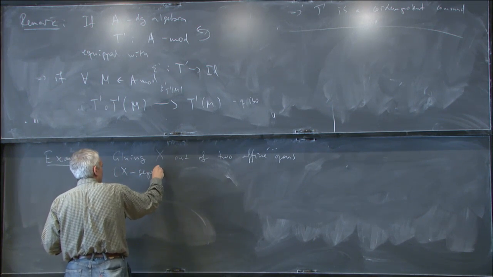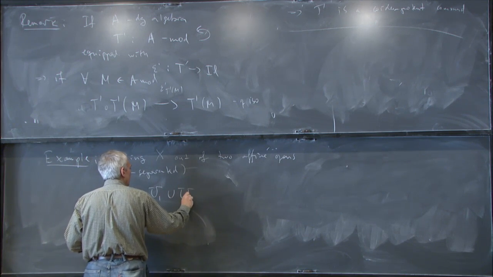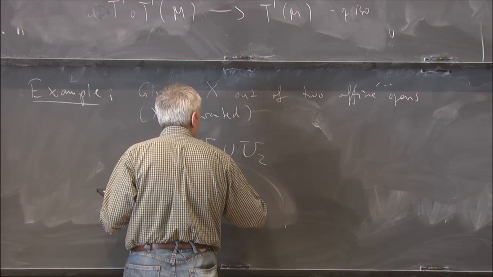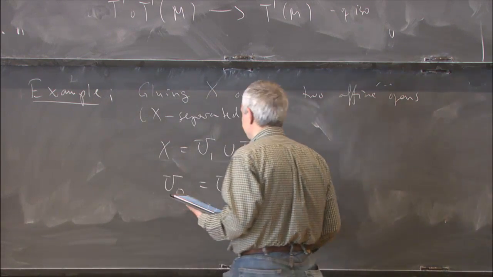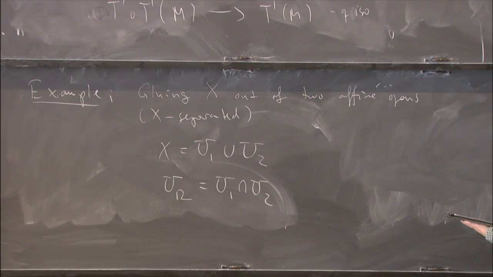X is separated. So X is the union of U1 and U2. And then there is one intersection, which is U12, and it's also affine. So you have functions on U1, functions on U2, functions on the intersection, and you have the restriction maps on functions.